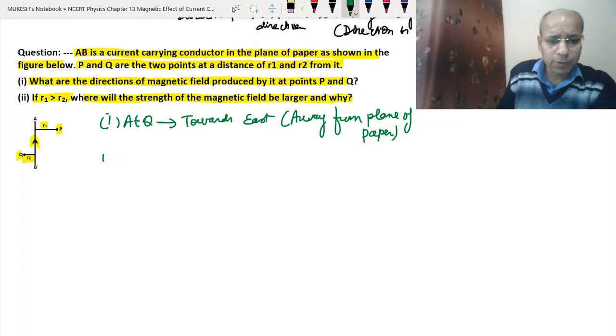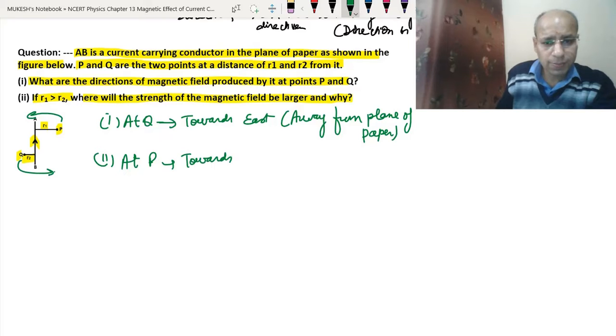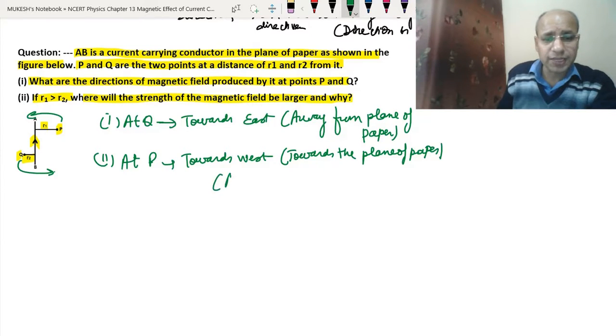And number 2, at P, here it is towards the west, towards the plane of paper. So the overall direction that we can say is anti-clockwise is the overall direction of the field.